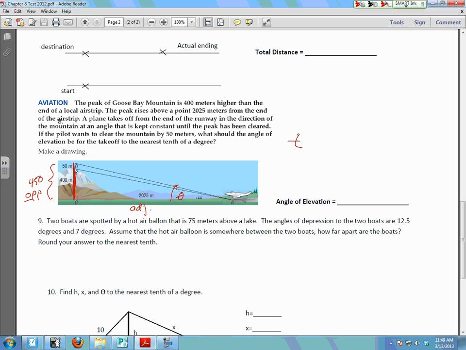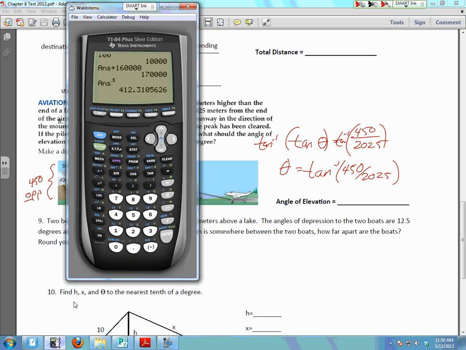So tangent of theta is equal to 450 over 2025. Take the inverse tangent of both sides, and that leaves you with theta equal to the tan inverse of 450 over 2025. Take your calculator, and make sure it's in degrees mode.